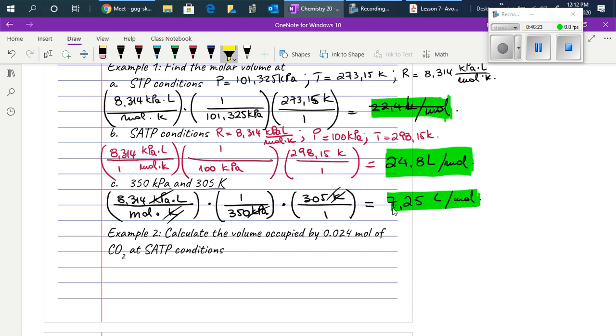Okay, now let's move to the next question. We are calculating the volume occupied by 0.024 moles of carbon dioxide at SATP conditions.